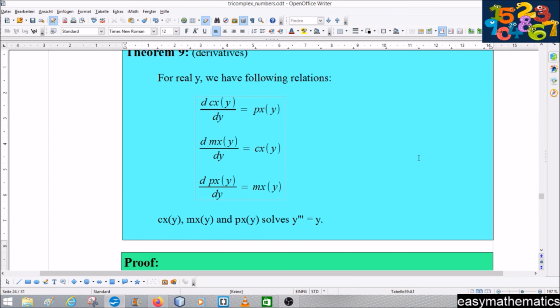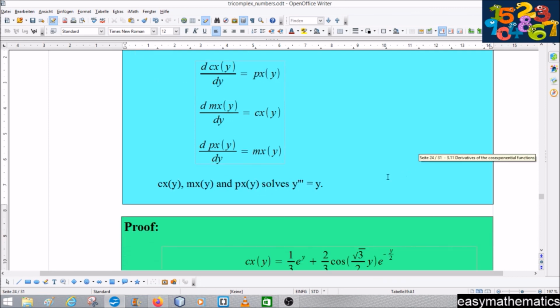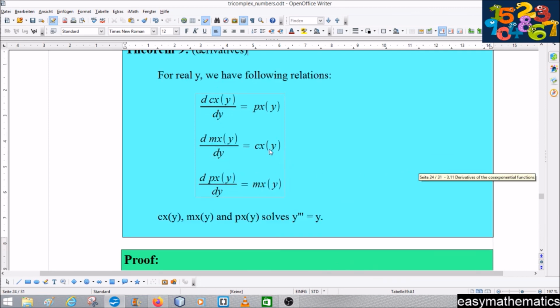And of course, these three functions cx, mx, and px solve the linear differential equation y triple prime equals y.